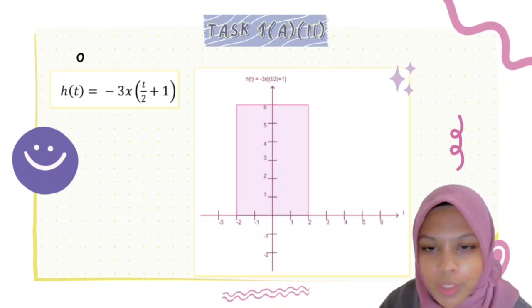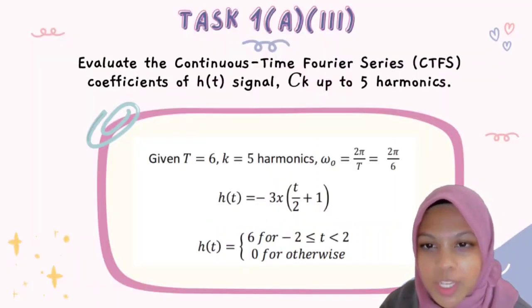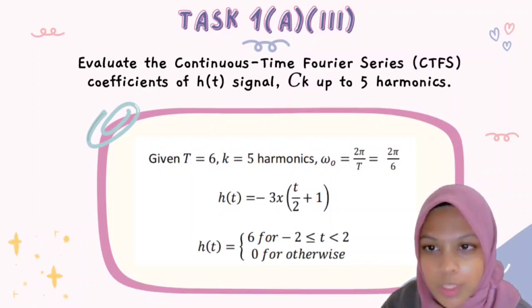So that settles task 1A2. We move to task 1A3, where I need to evaluate the continuous time Fourier series, CTFS, up to 5 harmonics. Given T equal to 6 while k equal to 5, from the equation we can produce the mathematical function for h(t), which from -2 to 2 is 6, while 0 otherwise.